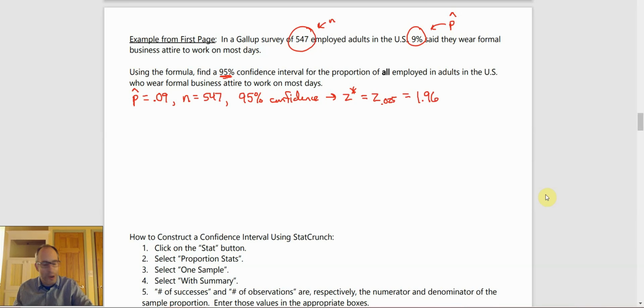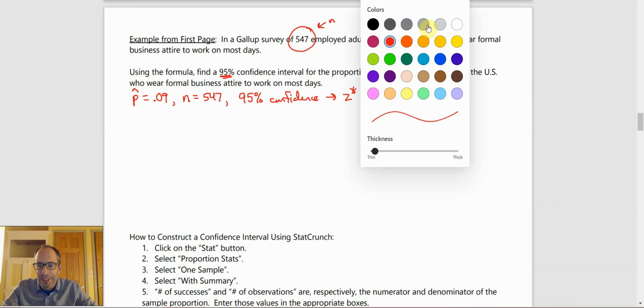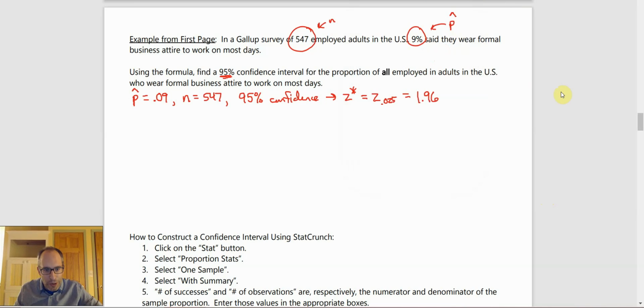We already figured that one out, and it's always 1.96. You don't have to keep deriving that every time. There's never going to be a surprise. So okay, let's do it. We would have p hat plus or minus z star times the square root of p hat times 1 minus p hat over n. It's not the best looking hat.